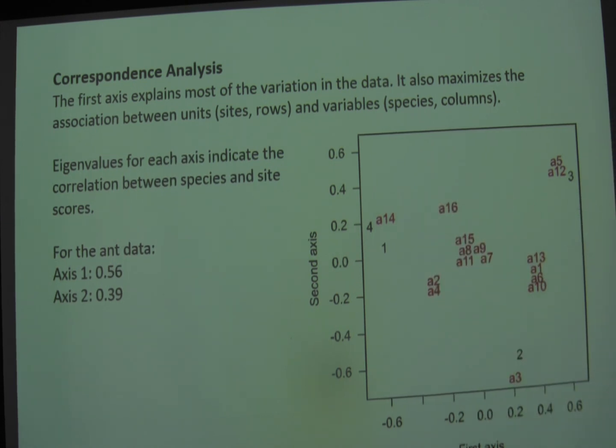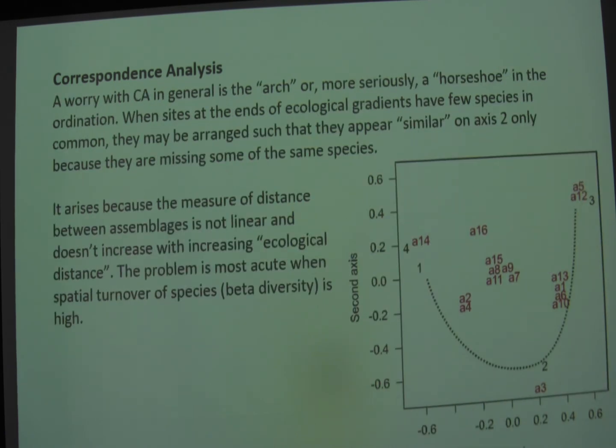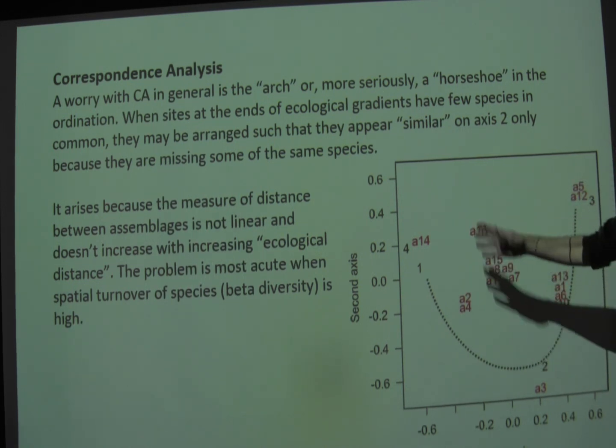The particular method really tries to maximize the association between sites and species. And we see this correspondence in this resorted matrix here. But the second axis is often difficult. It's not so bad here, but often the data points are arranged in kind of a U shape.